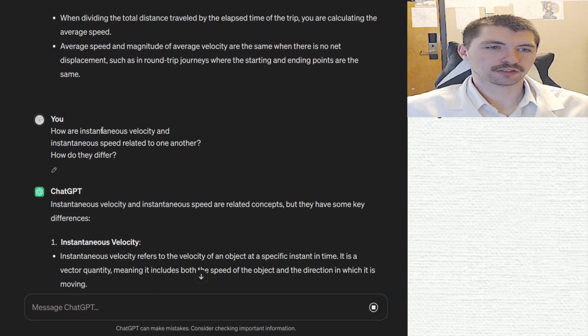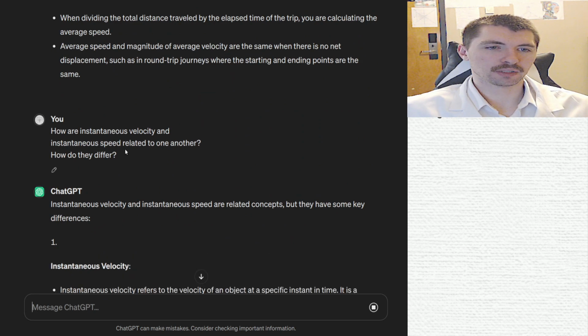Okay, how are instantaneous velocity and speed related to or different from one another? So I think this is like your derivative, ds dt.